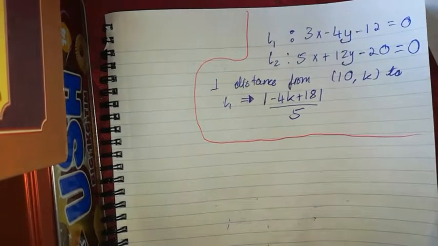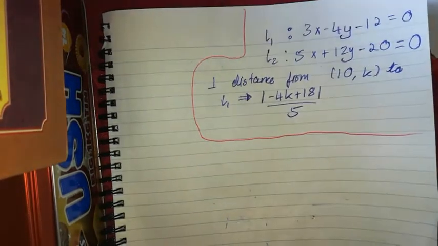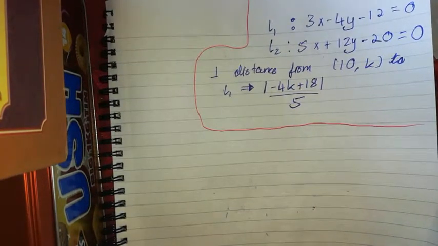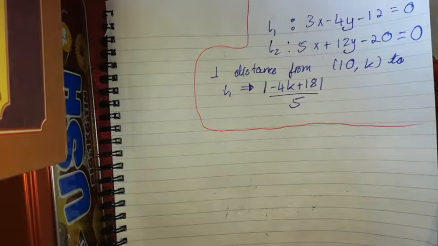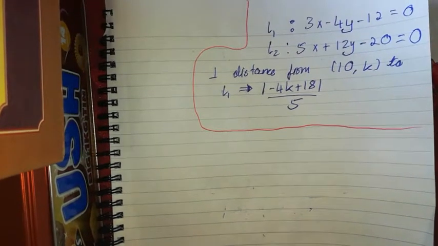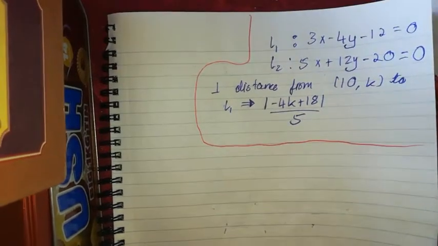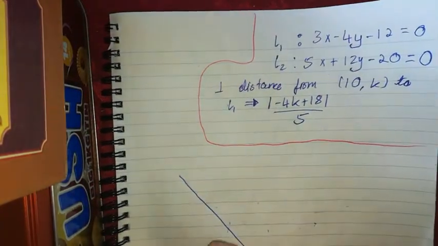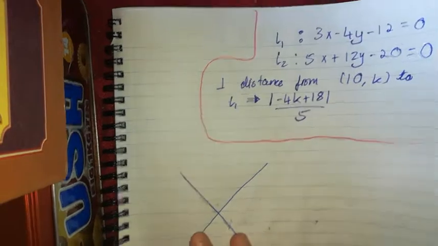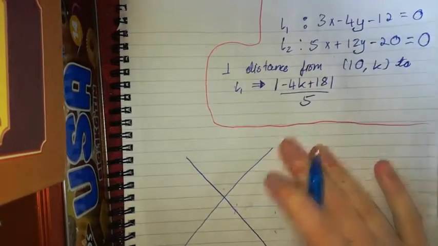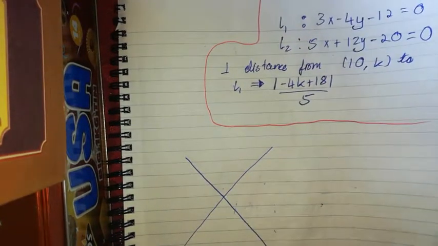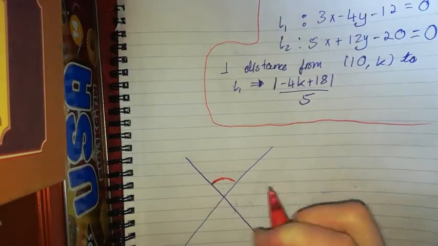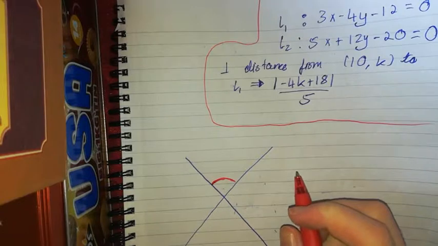So it says that 10k is on a bisector of the angles between the lines L1 and L2. Find the possible values for k. Well, I don't know exactly what my lines L1 and L2 look like, but say they're going to intersect somewhere, one line versus another line. And it says that 10k is on a bisector of these angles.